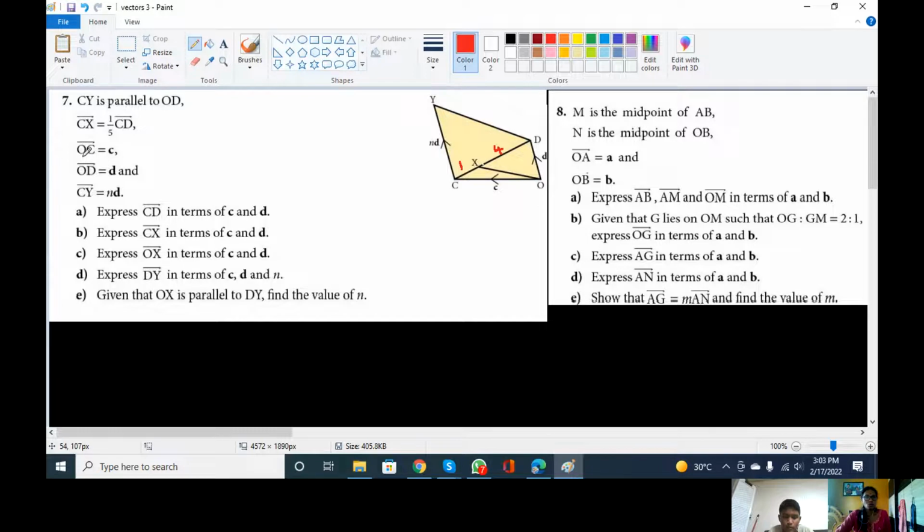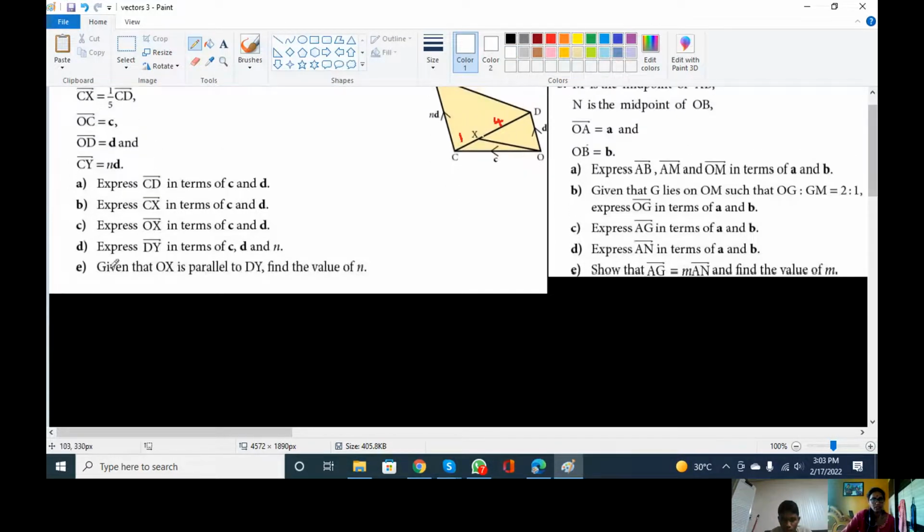OC is equal to C, that is given here, and OD is equal to D, and CY is equal to n times D. n is a variable. Express CD in terms of C and D. Let's do CD first.